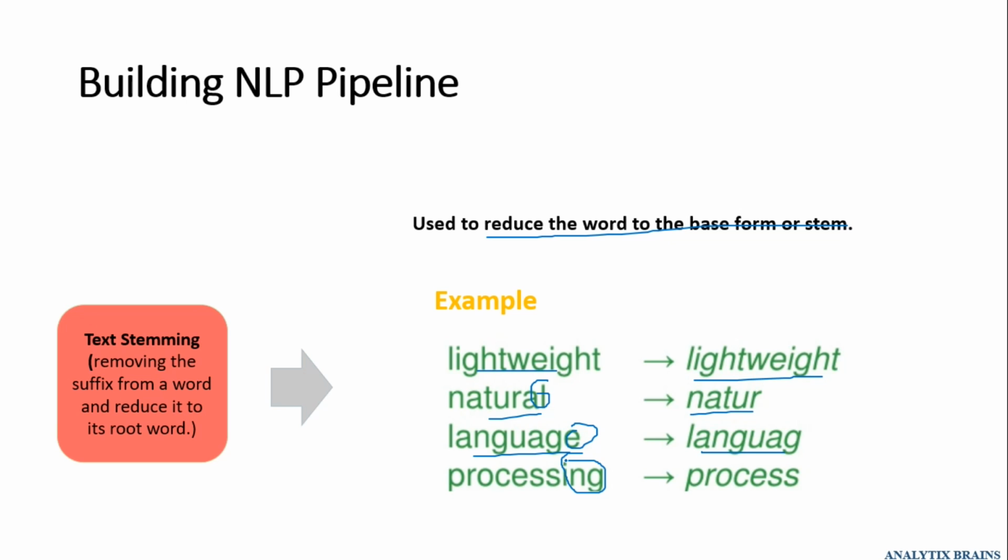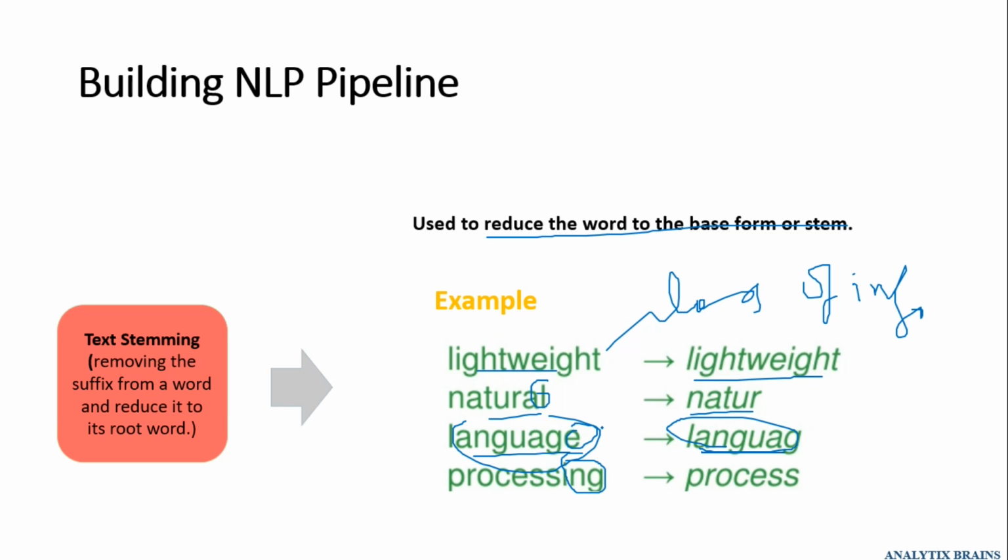So what stemming does is cut the inflection form from the word and convert the word to the root form or the base form. This will definitely give us a loss of information, because we are changing the actual word to some other meaning.